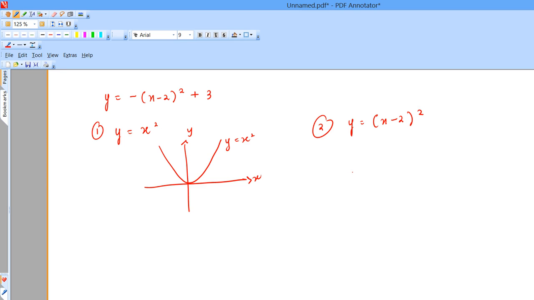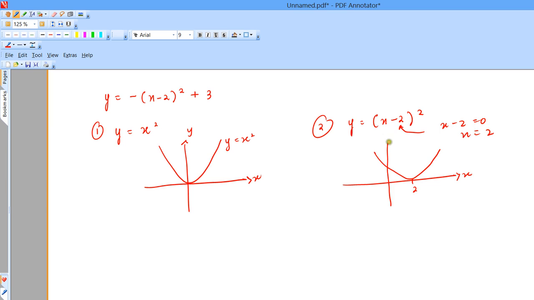So the graph will be shifted to the right 2 units, because based on x minus 2 equal to 0, x equal to 2. So x equal to 2. Here is the new graph.